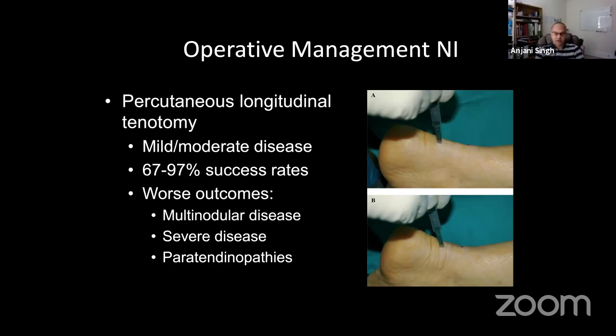You mark it and you just divide, doing a longitudinal release along the tendon without dysfunctioning the tendon. This is for very mild disease or localized cyst formations, and that can help in around 60 to 70%, depending upon what the rest of the tendon is like. But it's not indicated in a severe tendinopathy.